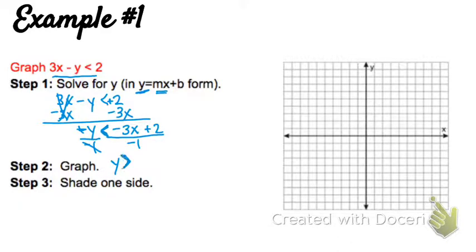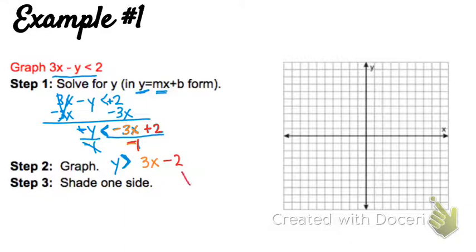So if I divide negative 3x by negative 1, negative 3 divided by negative 1 is just positive 3. And then if I divide positive 2 by negative 1, it's negative 2.